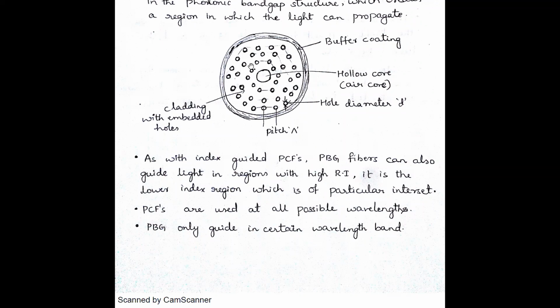So this is a structure which is opposite to what we saw in the index guided microstructures. The difference between index guided photonic crystal fiber and band gap fiber is index guided photonic crystal fibers are used for all possible wavelengths, whereas photonic band gap fiber, that is this structure, is used only for a certain wavelength band or a certain frequency of operation.